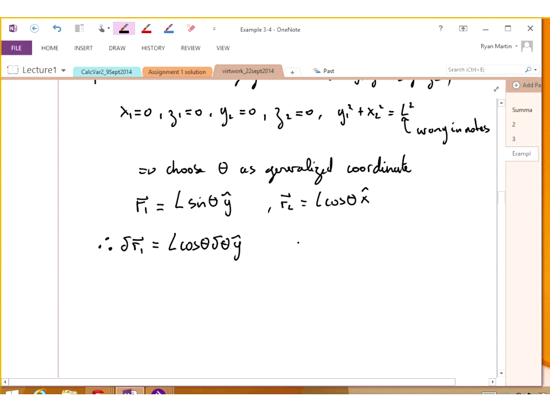And delta R2 is going to be minus L sine theta delta theta x hat.